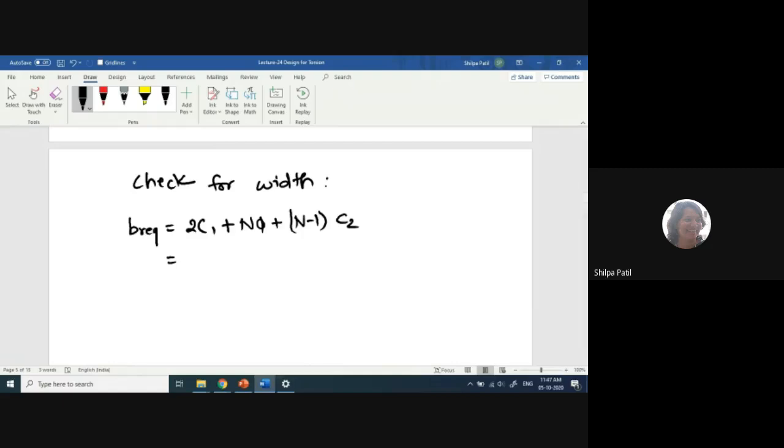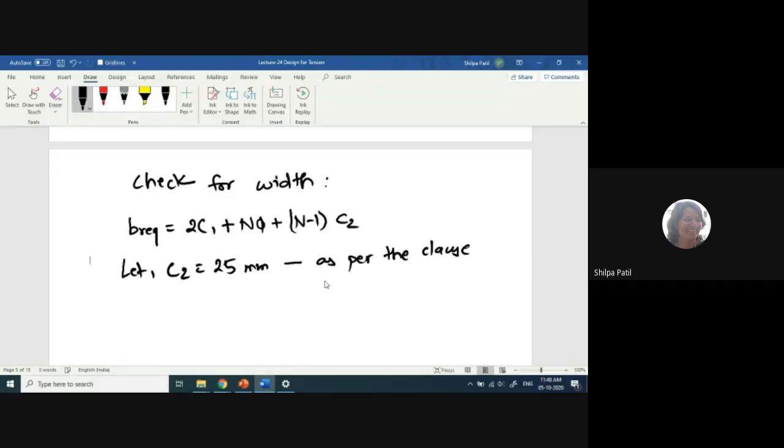What is the clause? I forgot. Should not be greater than 25 mm in our case. Okay, so let us assume C2 as 25 itself. Let C2 equal to 25 mm, as per the clause.